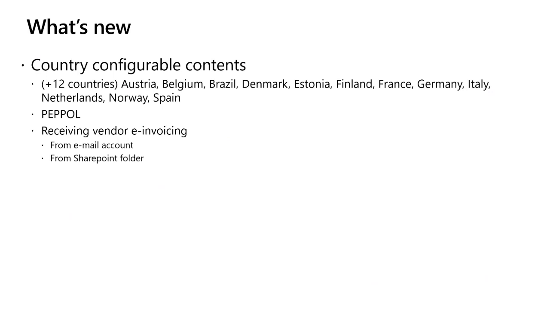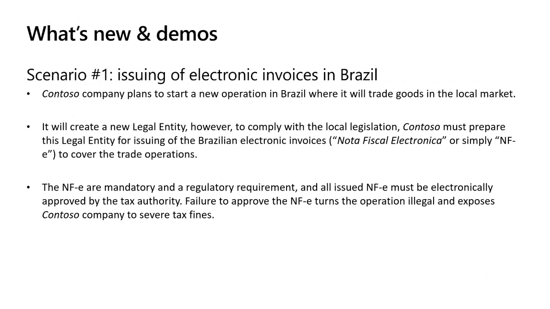We are also releasing the capability to receive vendor invoices either from email accounts or from SharePoint folders. So now let's play a short demo, and then Dimitri will make another demo as well.